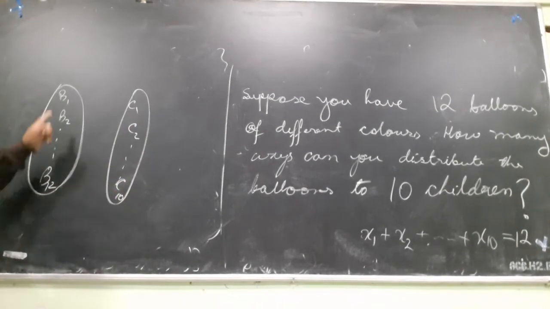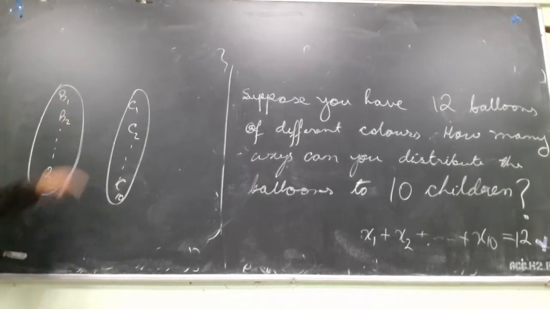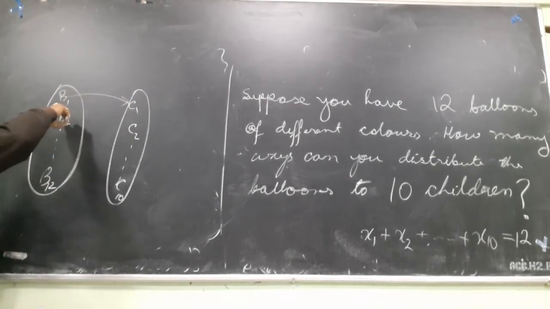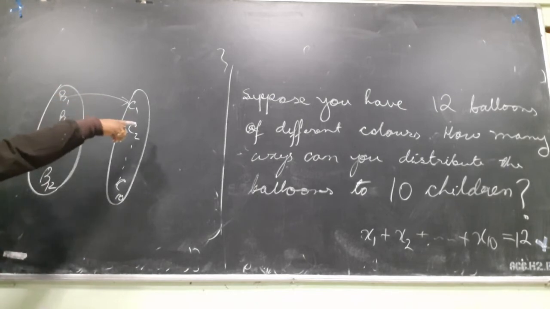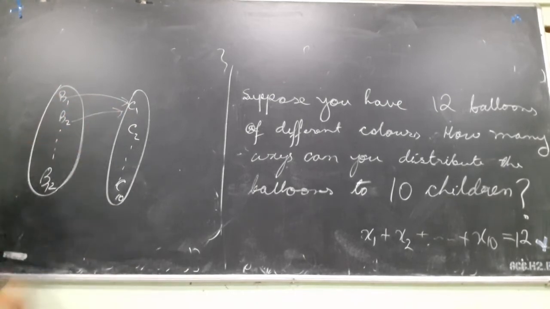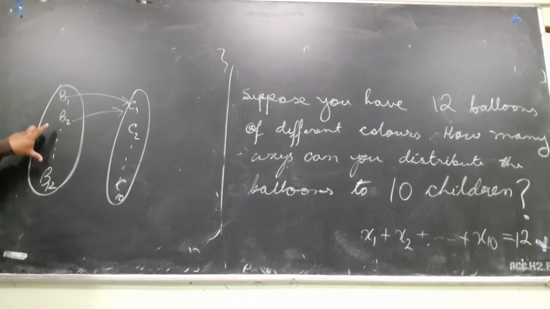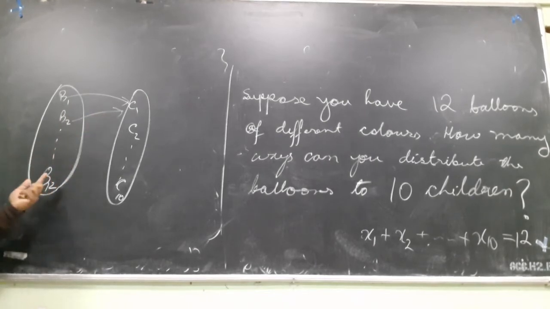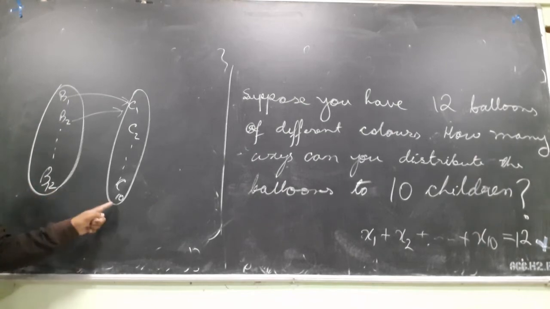If I give the first balloon to C1, it's like assigning f of B1 is C1. I can give two different balloons to the same child. All the balloons have to be distributed. So distributing the balloons is the same as constructing functions from the set of balloons to the set of children.